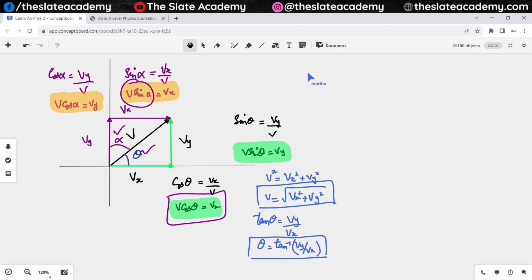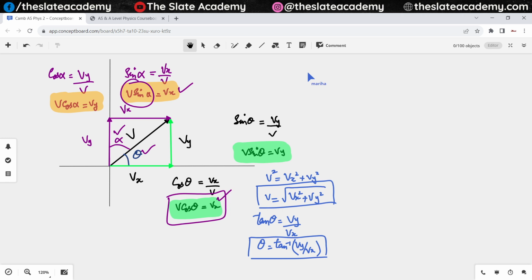So in both cases, I'm calculating Vx. In one case, it's coming V cos theta. In the other case, it's coming V sine alpha. It depends on which angle is given. Is the angle of the vector given with respect to the horizontal or the vertical? Most of the cases, the angle given is with respect to the horizontal. That I agree. But we must know that the other equation could also be true.